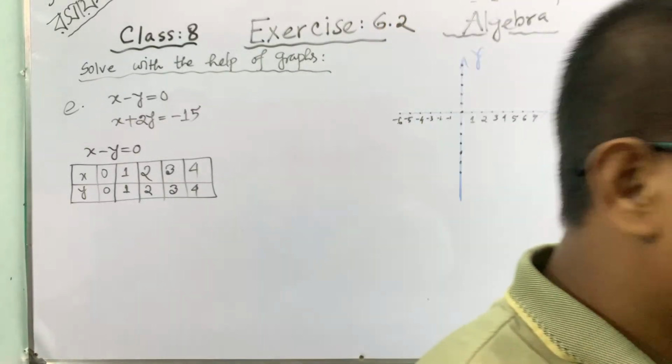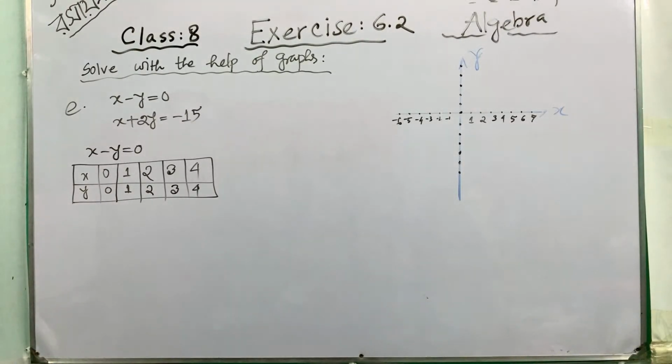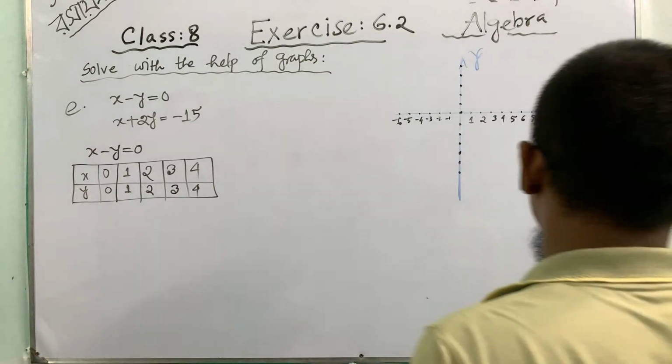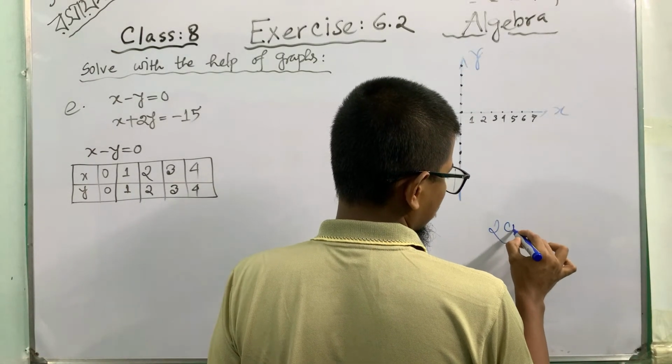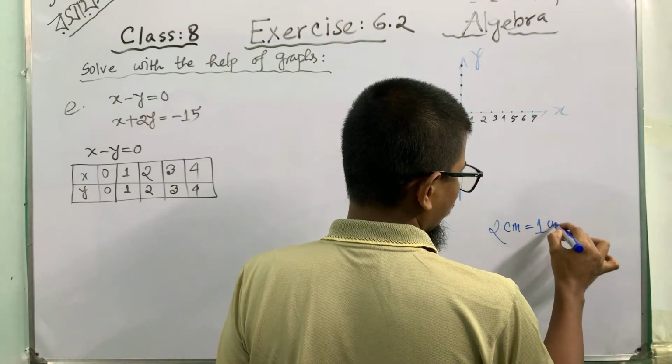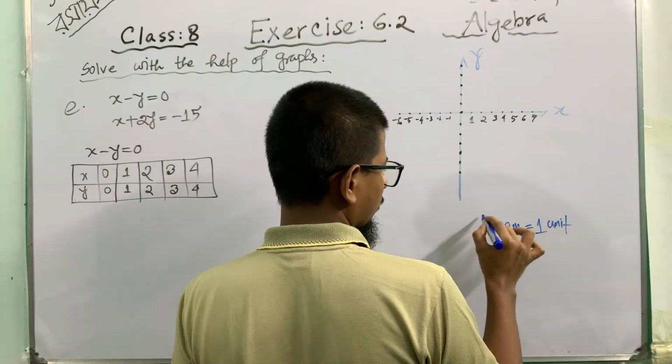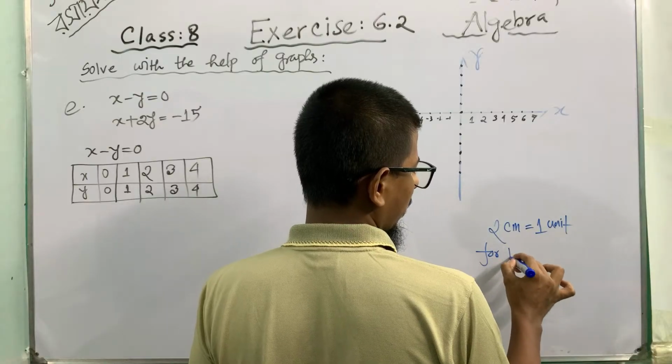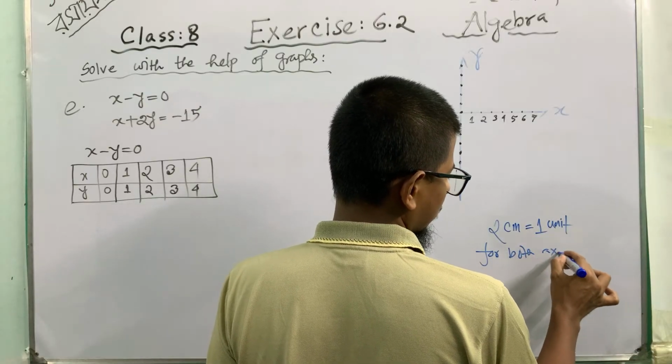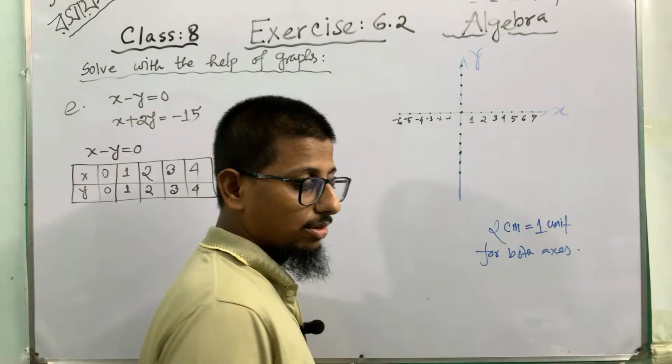My choice is such that for every 2 centimeters, I gave 1 unit. So 2 centimeters is 1 unit for me, for both axes. This is how I chose the values, right?